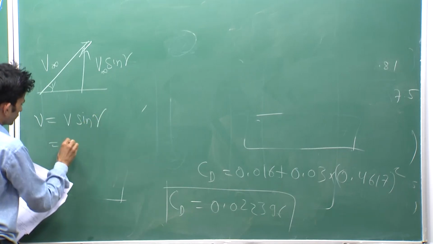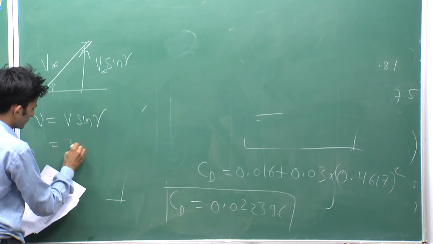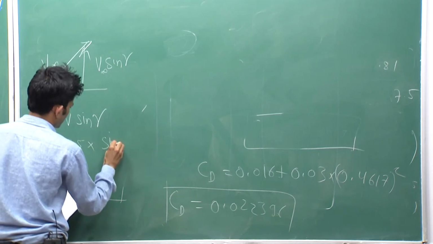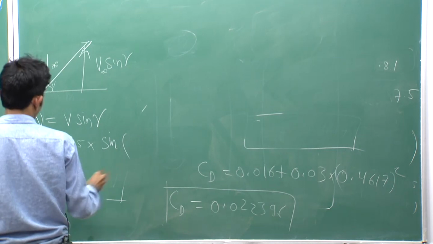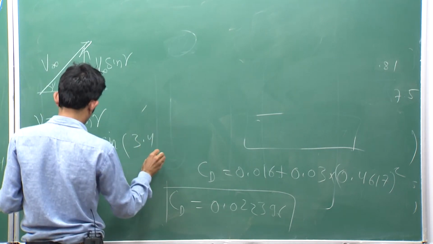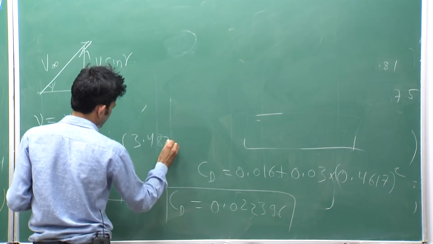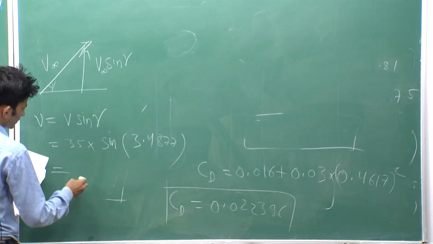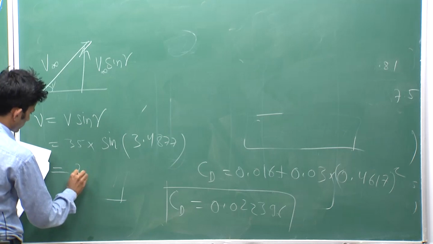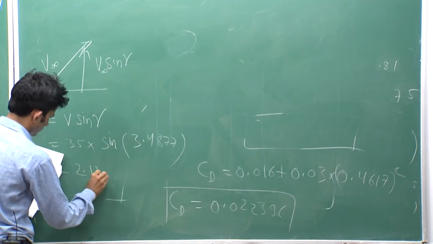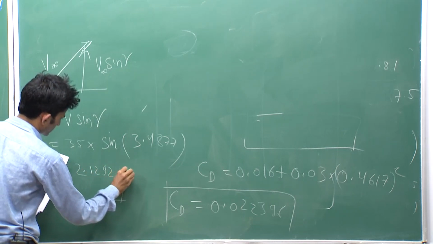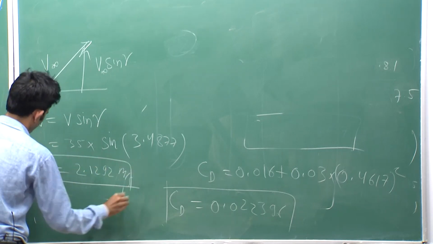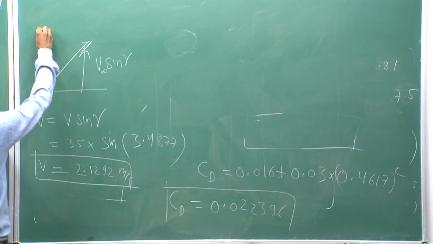V you know is 35 into sin of 3.4877, so your answer will come 2.12 meter per second. So this is your climb rate, and this is your fifth answer.